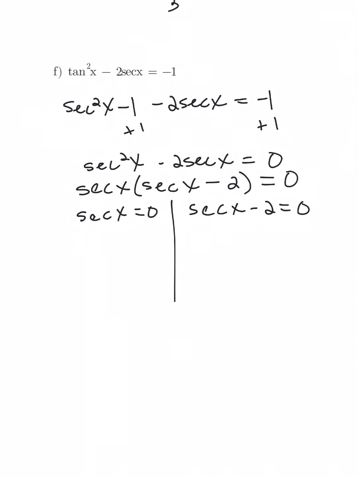Well, when you look at the one on the left, it says secant of x equals 0. Secant cannot be less than 1. So saying the secant of x is 0 is not possible.